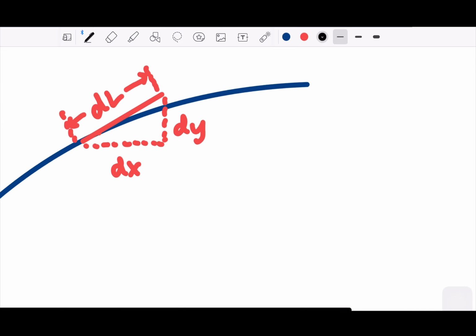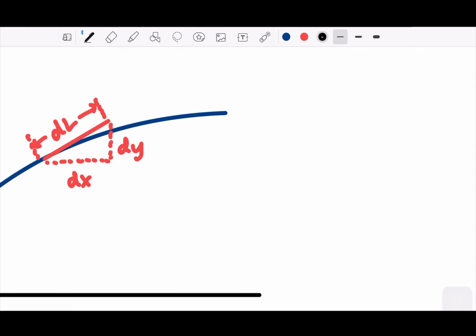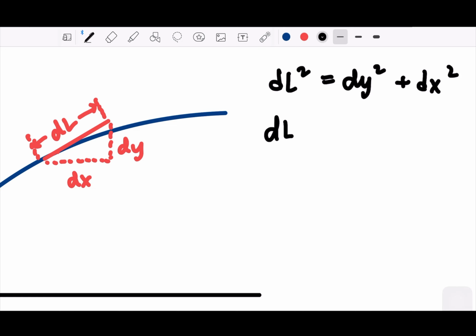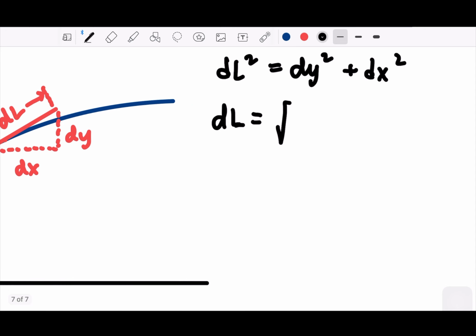Now, if you remember, to make this arc length formula, we can start with this triangle. And then we can set dl to be the square root of this, right?